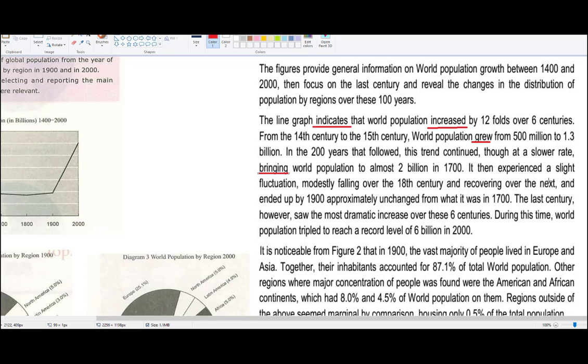But then experienced a slight fluctuation, modestly falling. I do like this bringing and falling. Ended up by 9% changed. Past tense again. Tripled to reach.